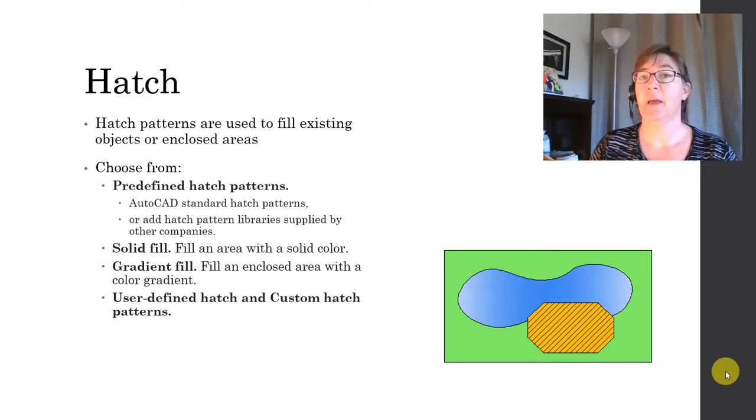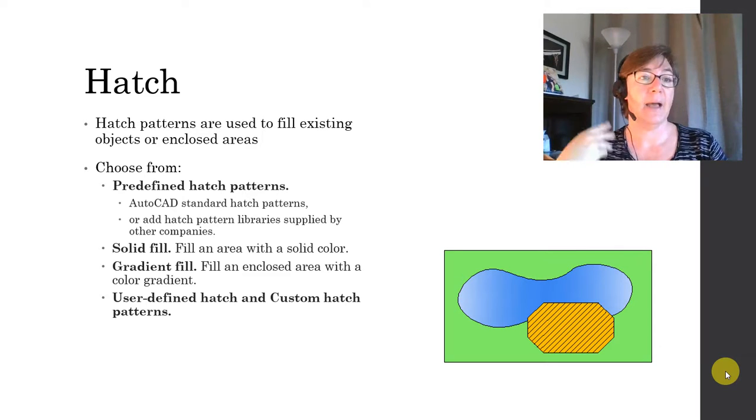Let's talk about how they're used in AutoCAD. In AutoCAD, you can use hatch patterns to fill existing objects or enclosed areas. Using this tool, you can choose from some predefined hatch patterns, and that's mostly what you're going to do, and that's what we're going to cover today.